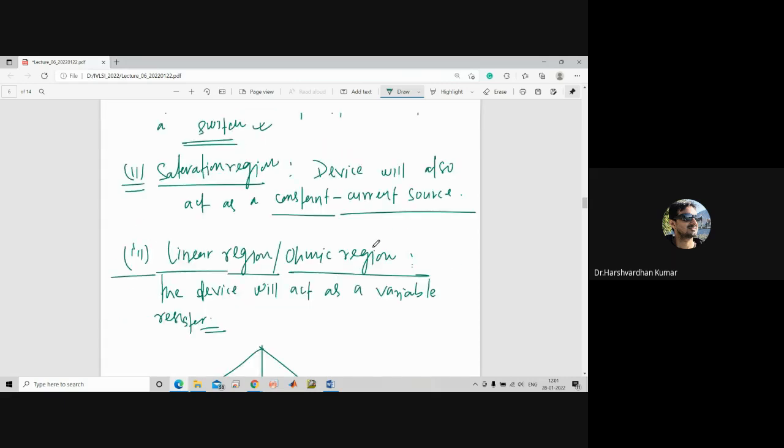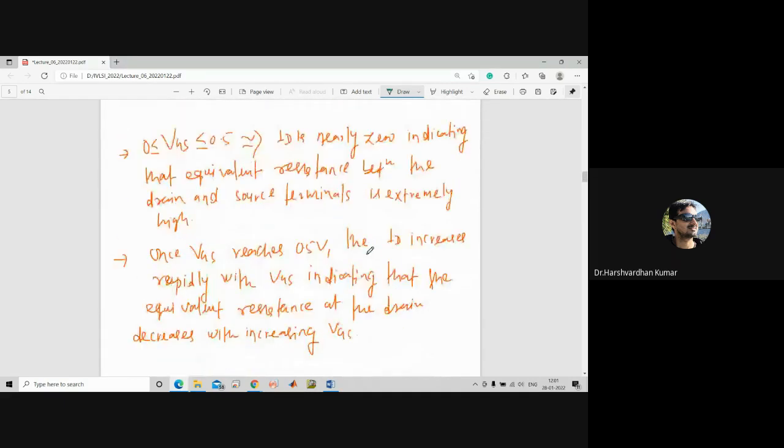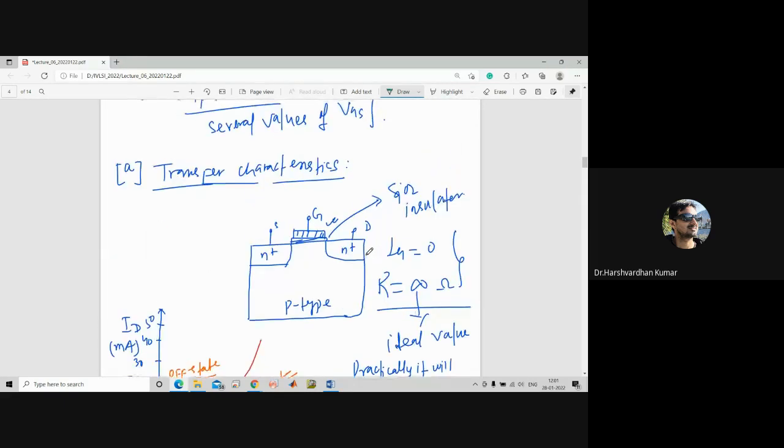So let us see the structure. Which type of biasing do we connect? If you remember, this is VGS and this is VDS.